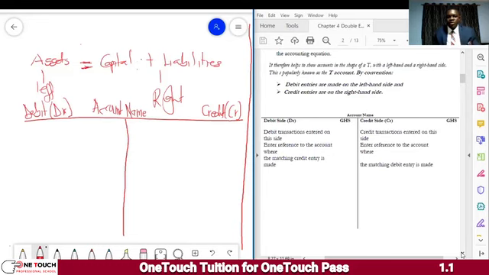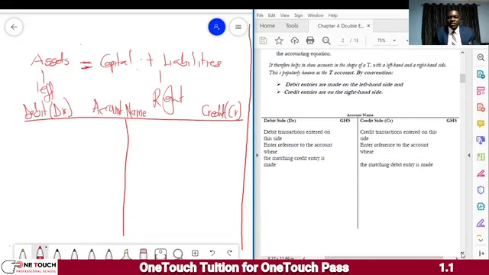Now, let's see the kind of transactions that could be recorded in this T account. So we are saying that the debit entries are made on the left-hand side and credit entries are made on the right-hand side.